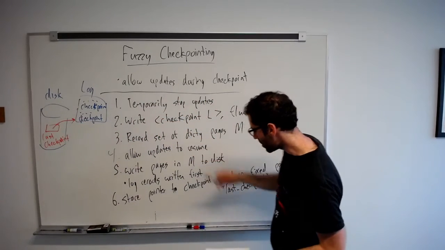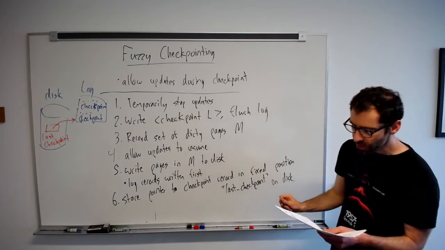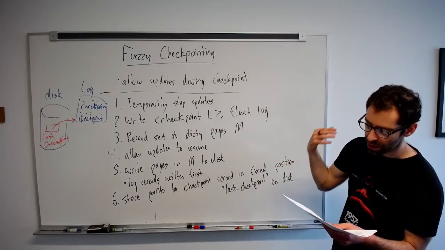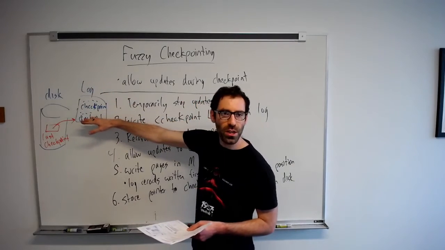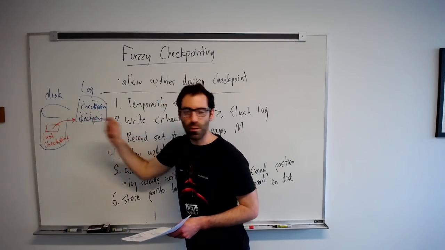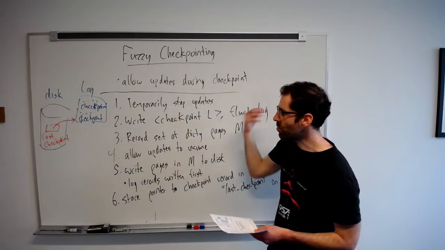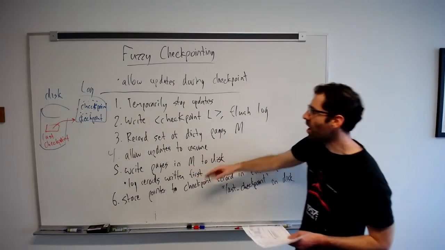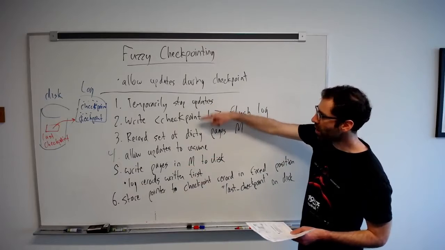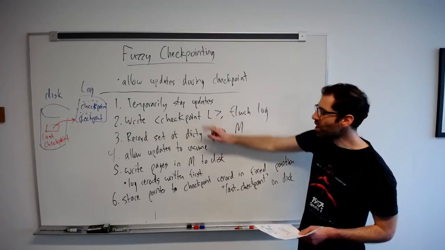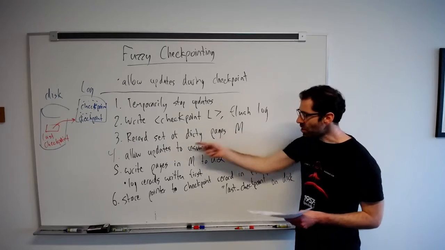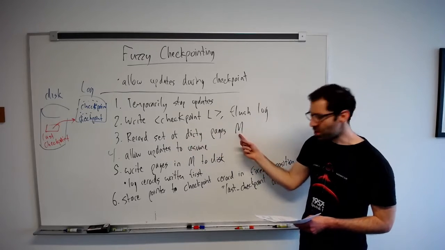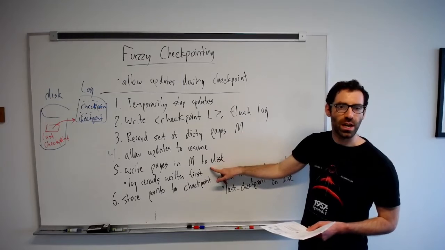And so what this means is that all the log records previous to the checkpoint that this last checkpoint refers to have their changes reflected on disk. All the log records that appeared before we appended this checkpoint are ones that made the changes that caused this set of pages to be dirty, and these are the set of pages that we're writing out.